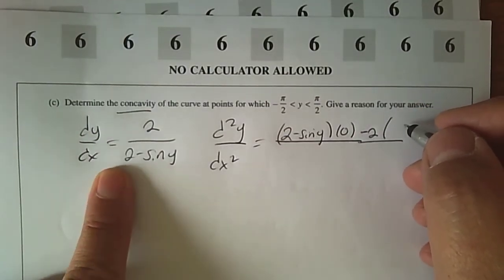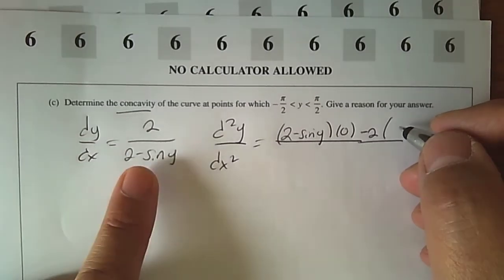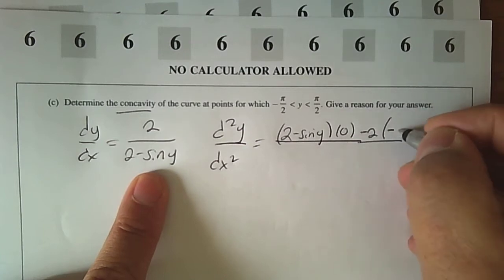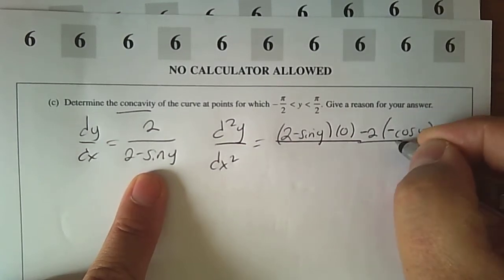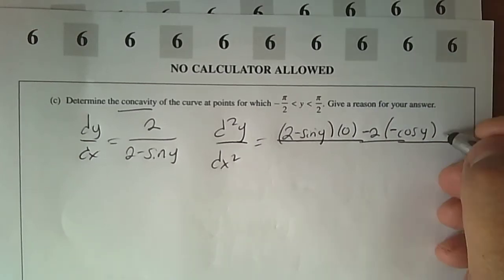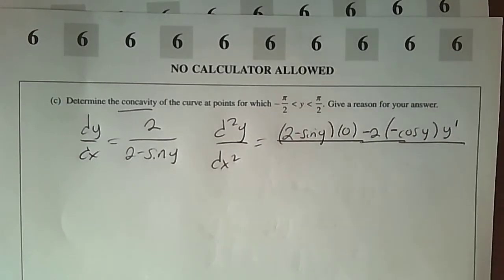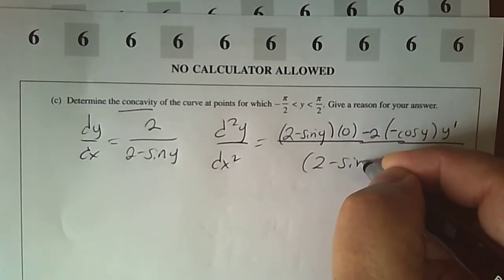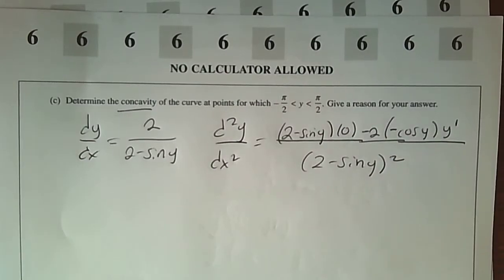the bottom, that's 0. Now the derivative of sine is positive cosine, but because it's negative in front, it's going to be negative cosine y. But it also needs that hook y prime connected to it because y is a part of it implicitly. And then you take the bottom and you square it.